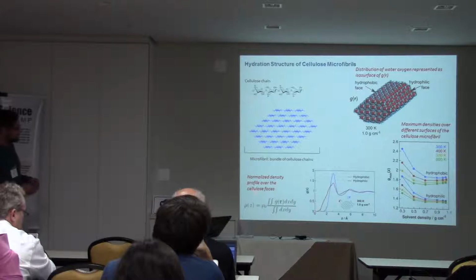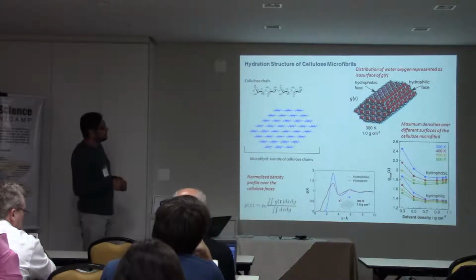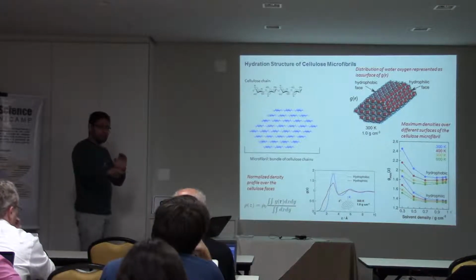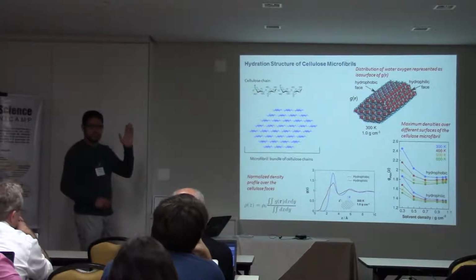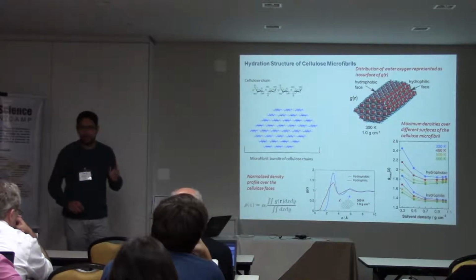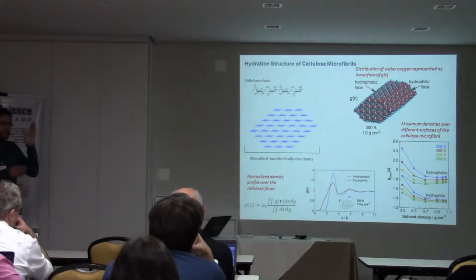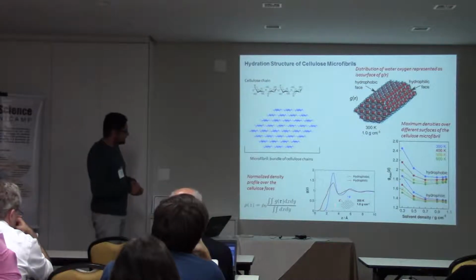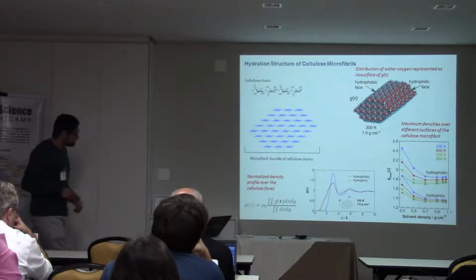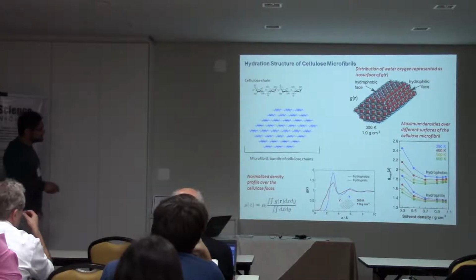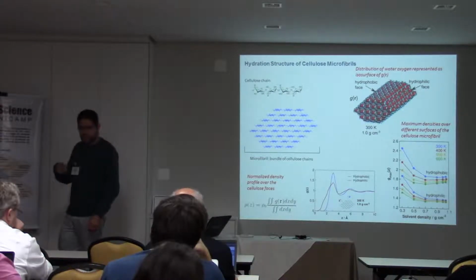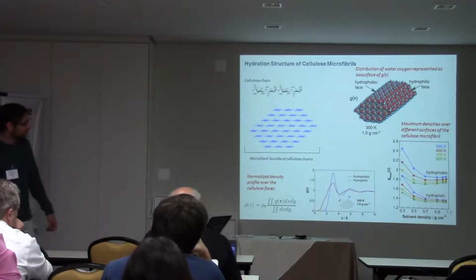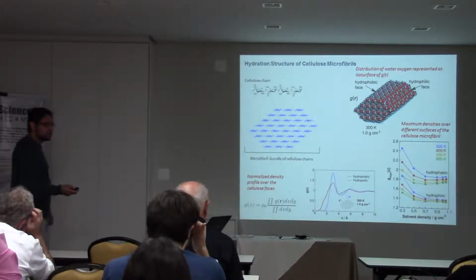For example, I can take this 3D distribution, average over the plane, and express the distribution function just along Z. This is interesting because it shows that the different cellulose surfaces induce different ordering of water.